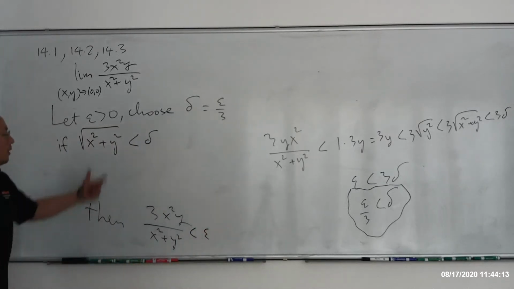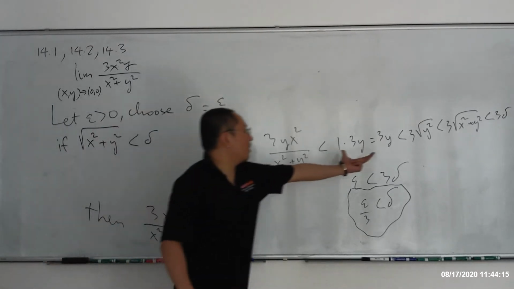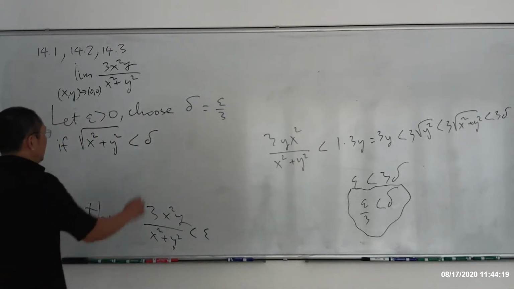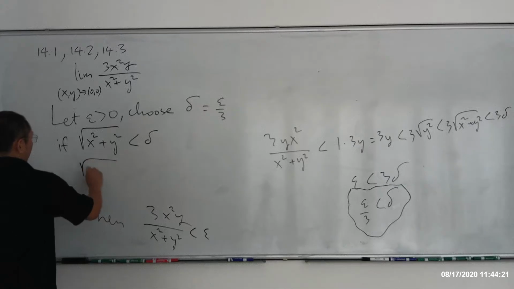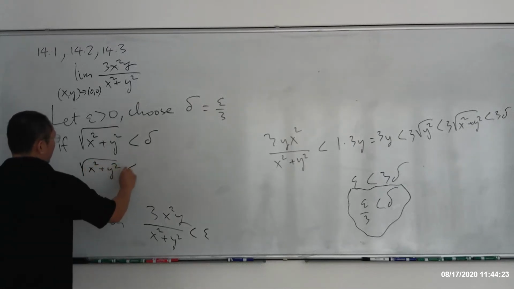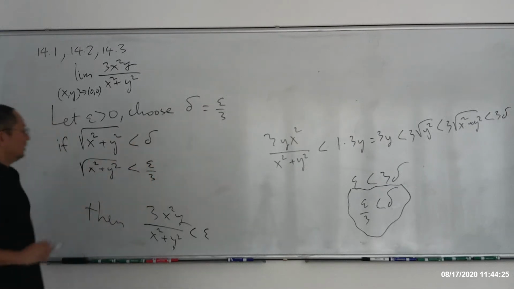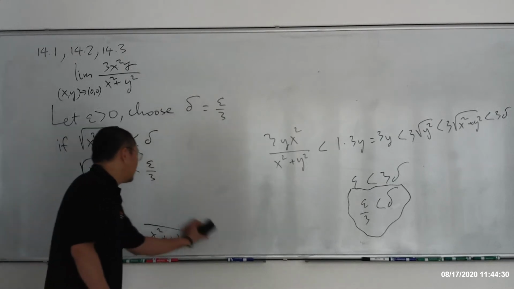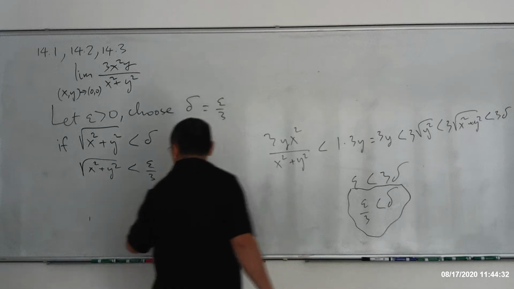So we start with this, and we're going to go backward from what we have in here. If this is less than delta, this means that the square root of x squared plus y squared is less than epsilon over 3. Okay, so I need some room to write. I'll put it right in here.